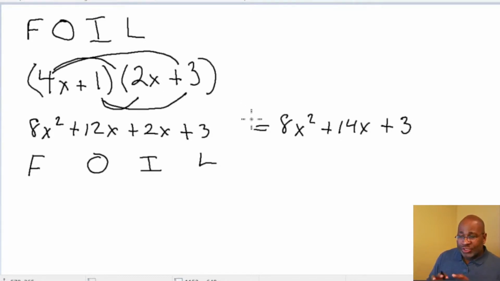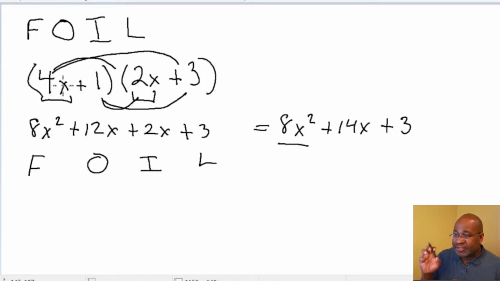The one thing I want you to notice here is that when we look at the process of FOILing, we can actually determine which terms come from what parts of the binomials we multiply together. We know that 8x squared came from multiplying the first terms of each of the binomials.